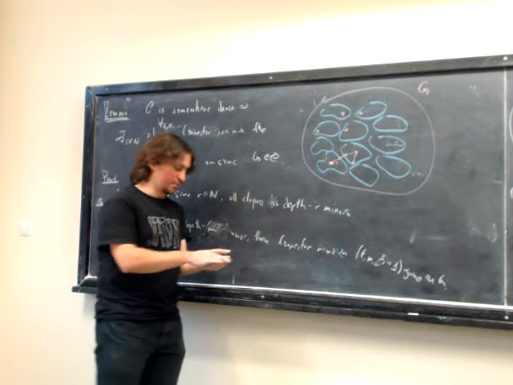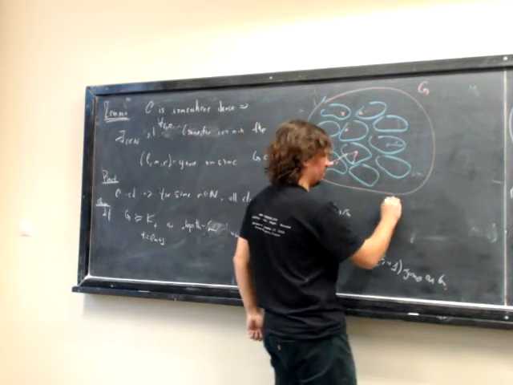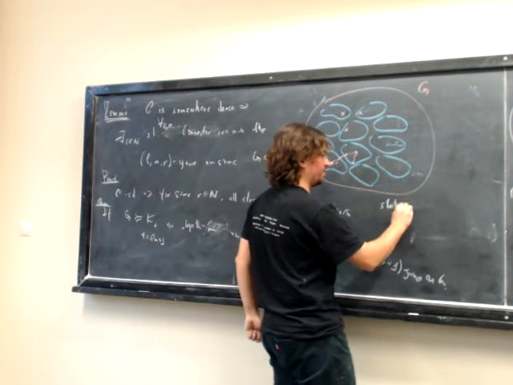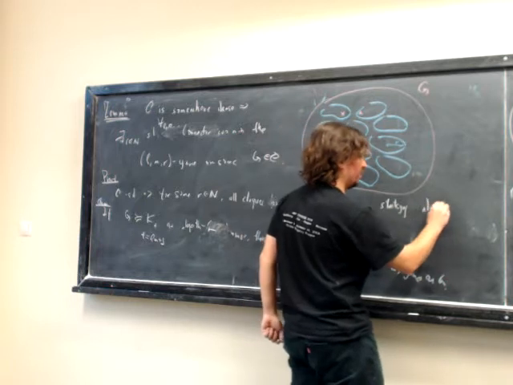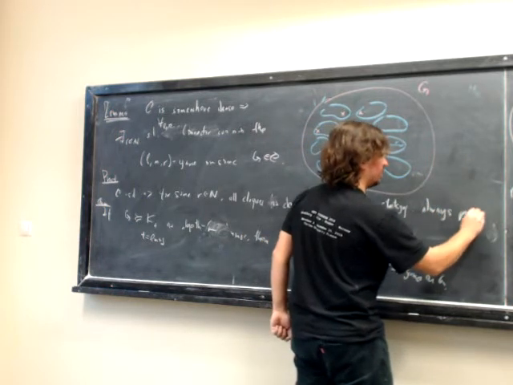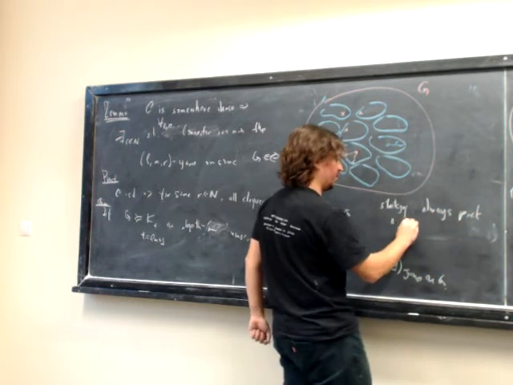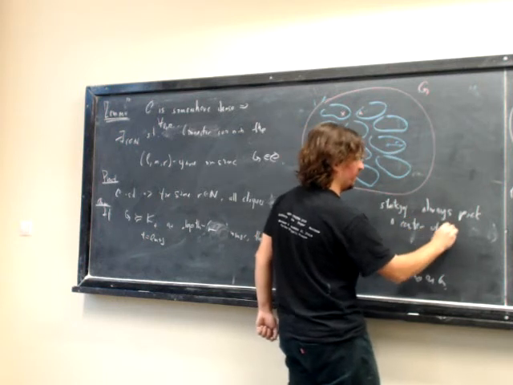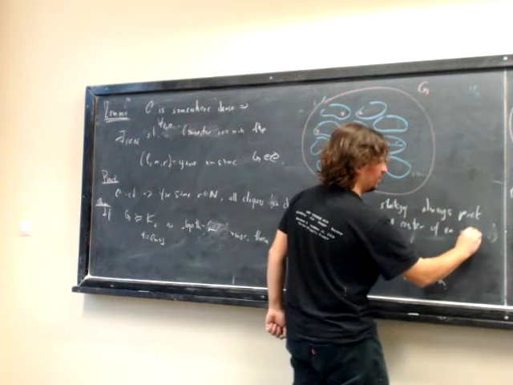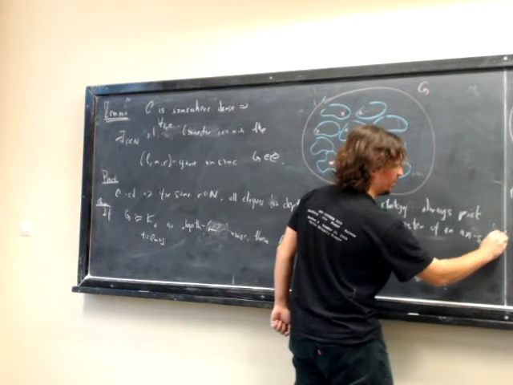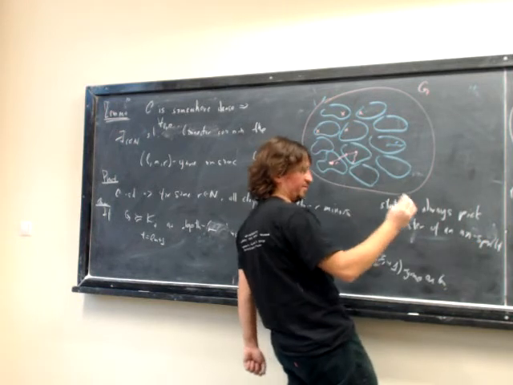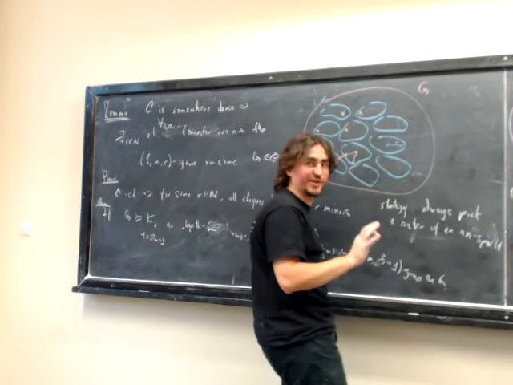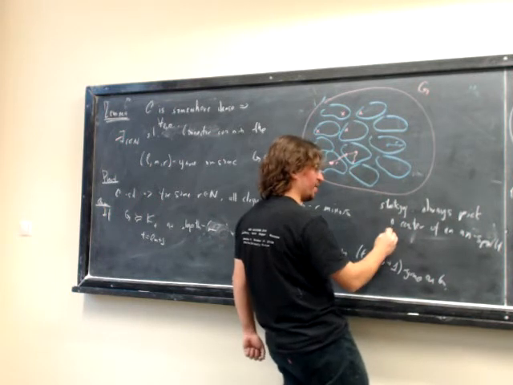Yeah? So the strategy is: always pick a center of an unspoiled branch. Hopefully this is grammatically correct.